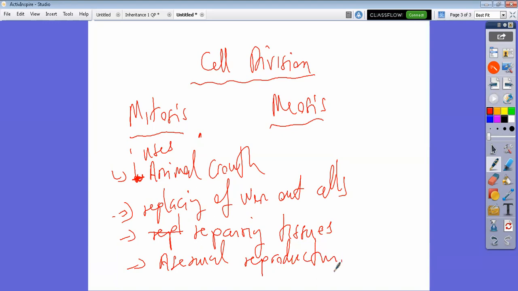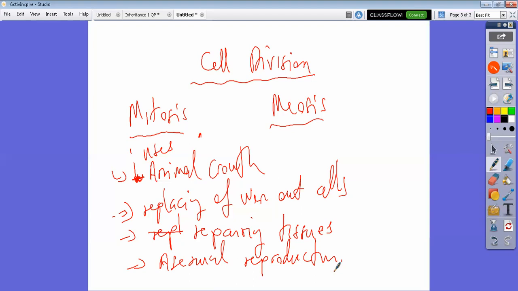Asexual reproduction. And now, if it's so true that when cells divide, each time we are growing, cells are multiplying and the cells are identical, why is it that we have different parts? You've got an eye, you've got an ear, they're all different.